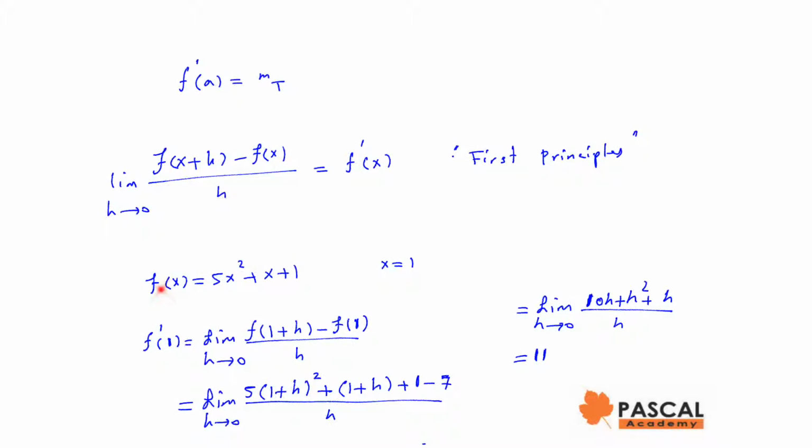Therefore, the derivative of f of x equals 5x squared plus x plus 1 at x equals 1 is 11. As you know, the instantaneous rate of change of f of x equals 5x squared plus x plus 1 at x equals 1 is also 11.